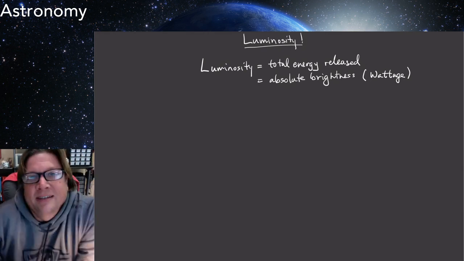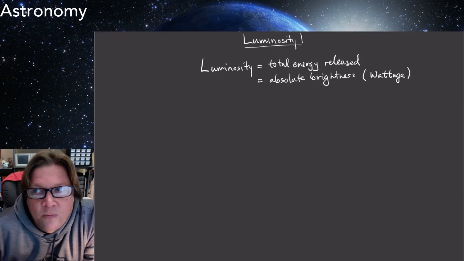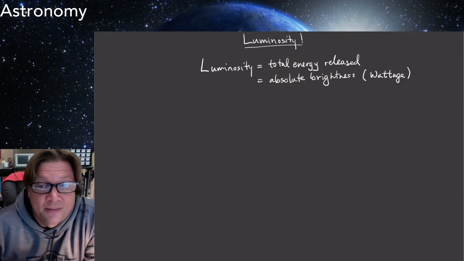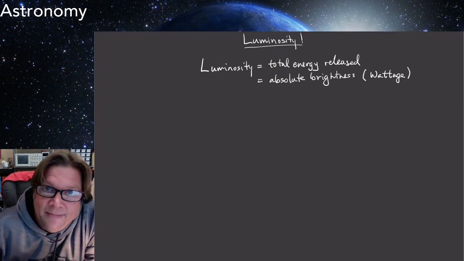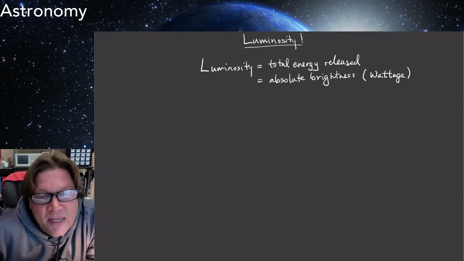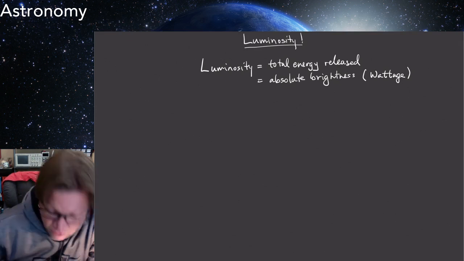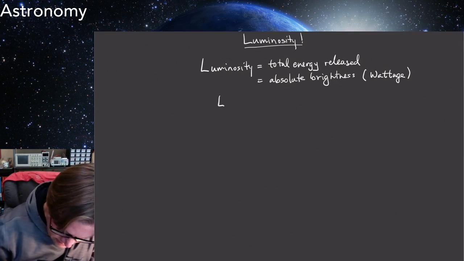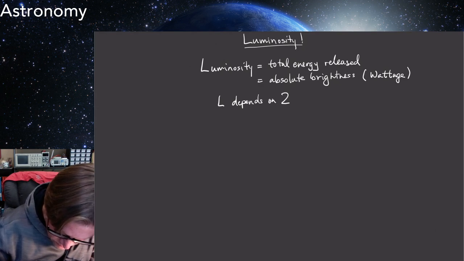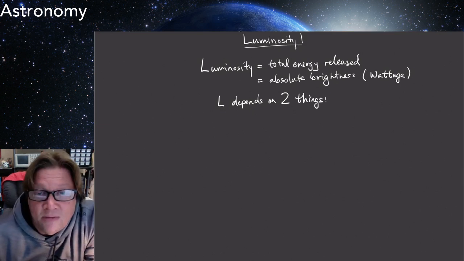What's nice is that it turns out stars are really simple objects at a basic level, because the luminosity of a star only depends on two things. L depends on two things. It's really easy.